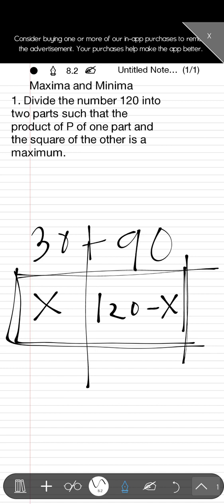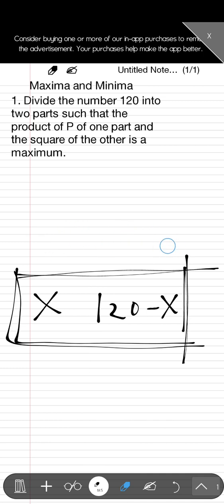Okay, naintindihan? So, yung dalawang number na yon ay x and 120 minus x. So, again, divide the number 120 into two parts such that the product P, ano ibig sabihin ng product of P? That is the answer of multiplication.